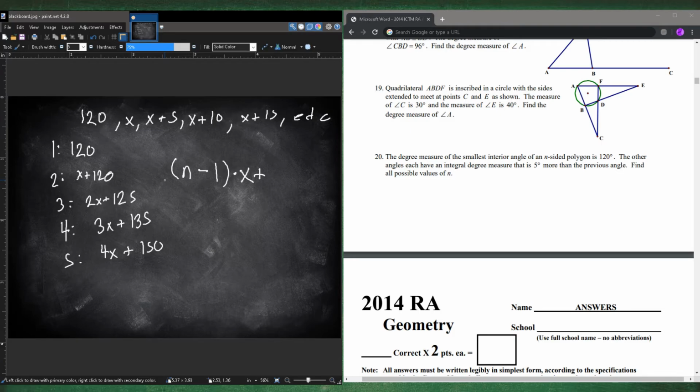Okay, the regression is 5 over 2 n squared minus 15 over 2 n plus 125.